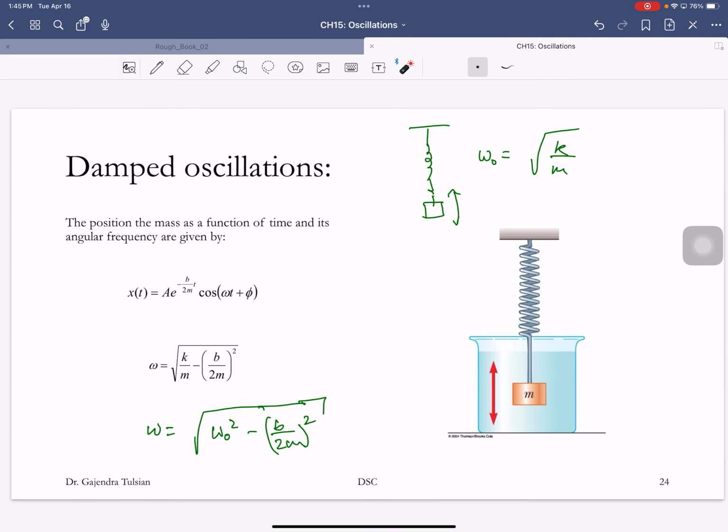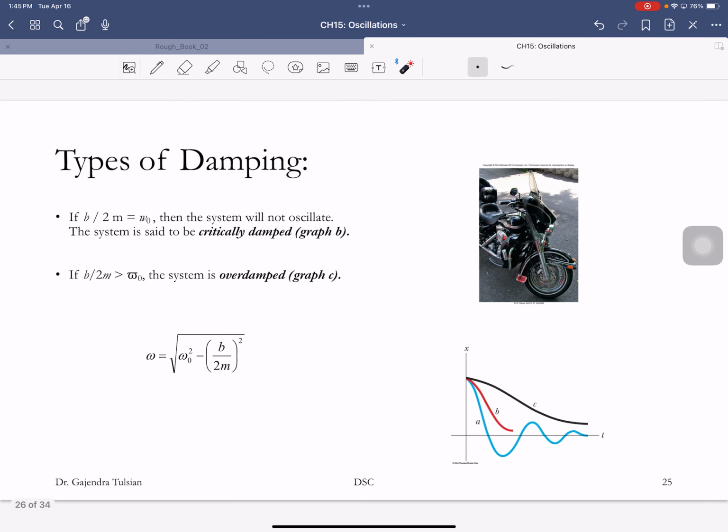You'll see why we care about this kind of stuff. So for instance, let's say you own a motorbike. The wheel is attached to the shock absorber, which is essentially a spring. Now let's say you hit a pothole. The wheel goes down. And now do you want the wheel to oscillate?